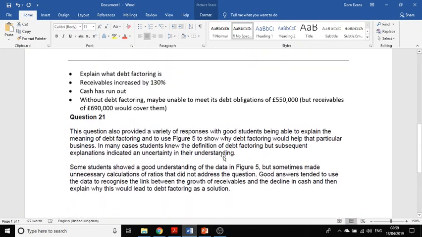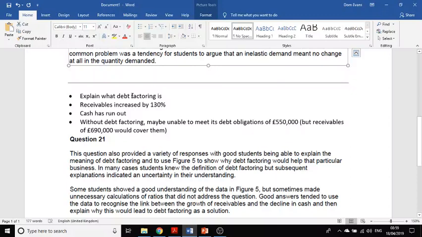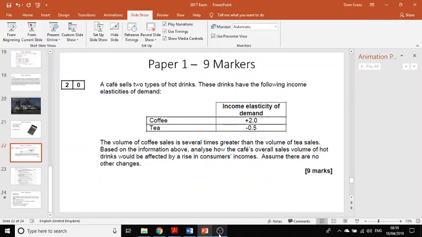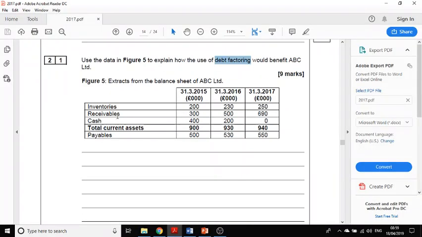Now, I just planned this one, but I would probably start by explaining what debt factoring is. So I probably would start with the definition because I just want to make sure that the examiner knows that I understand it. Then I use the case study, put in some calculations. So you can see that the receivables increased by 130% over the period.